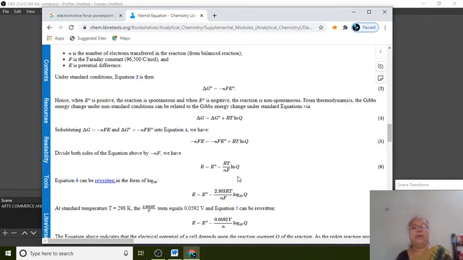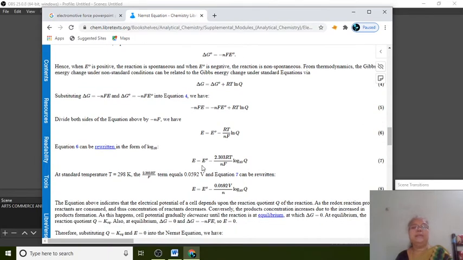By changing this natural log to the log base 10, we can write E equals E0 minus 2.303 RT by NF into log to the base 10 Q.